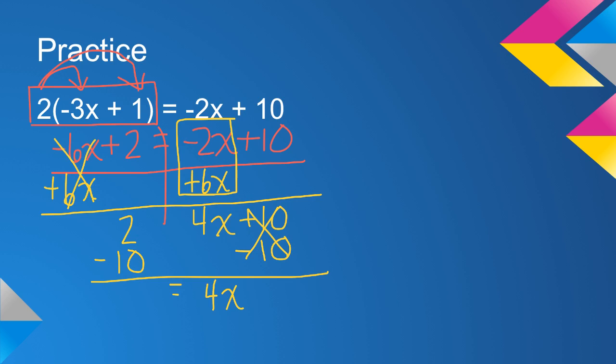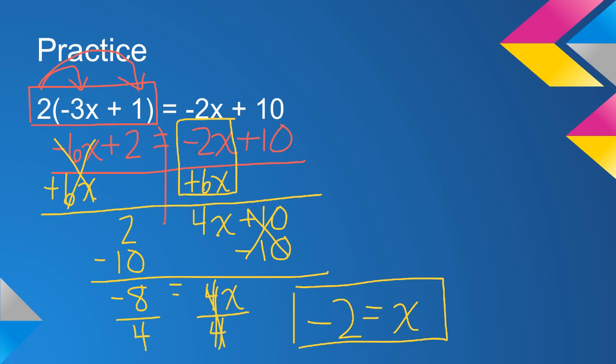And although I tried really hard, sometimes negatives cannot be eliminated totally, because 2 minus 10 is negative 8. To isolate my variable, now I have to divide both sides by 4. And I'm going to have negative 2 on the left and x on the right. I feel that is my solution.